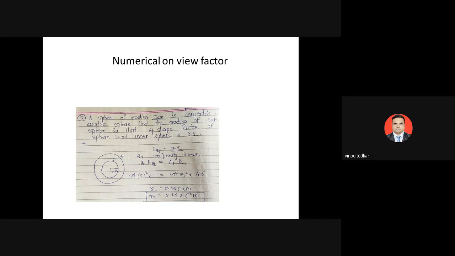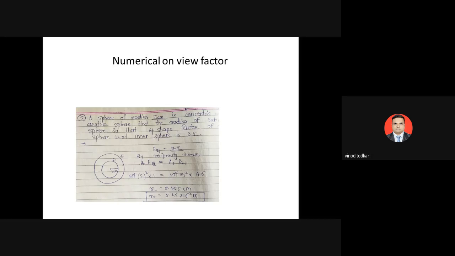Now by observing this figure, can anyone tell me logically what will be F12? If this inner sphere is emitting radiations, how much will be intercepted by the outer sphere? Just imagine that two concentric spheres, two spherical balls are there. If inner ball is emitting radiations of 100 watts, all energy emitted by inner sphere will be intercepted by outer sphere.